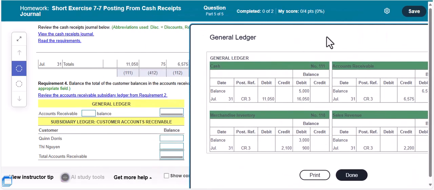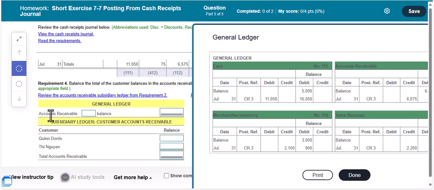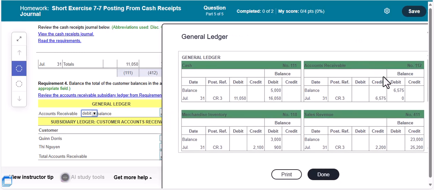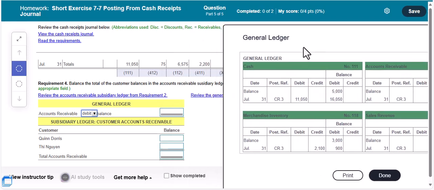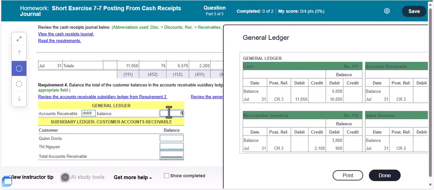So they're asking us what the accounts receivable balance is. Is it debit or credit? Well, accounts receivable, the normal balance is on the debit side. But then what is that balance for us? It is 0, since all the AR was paid off. So that is 0.